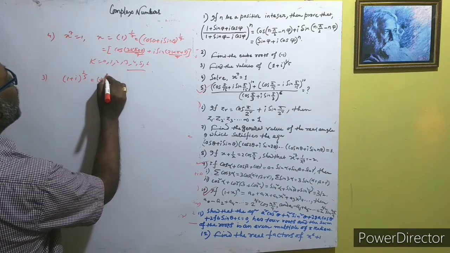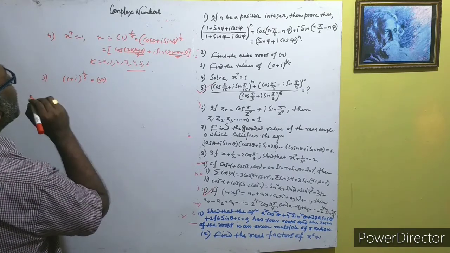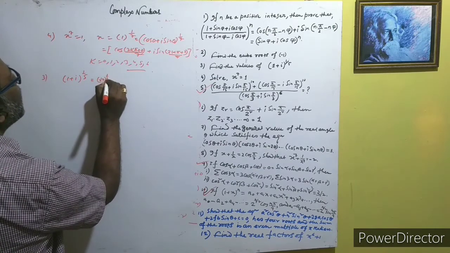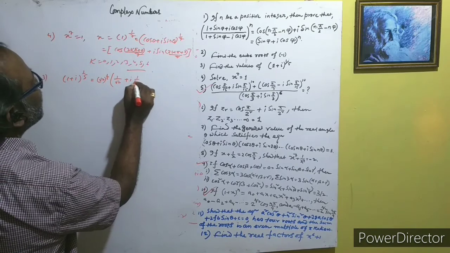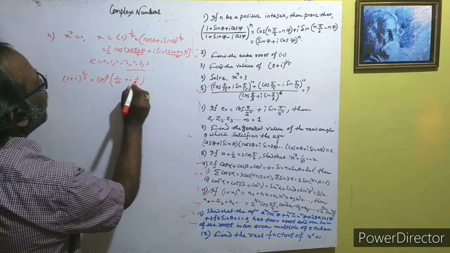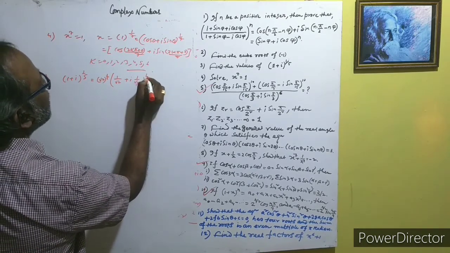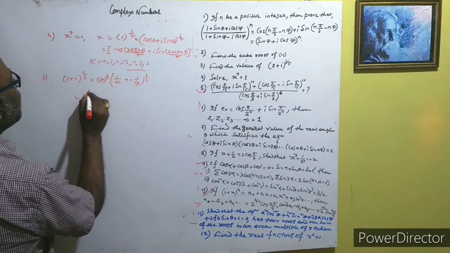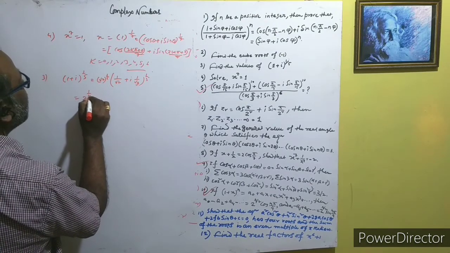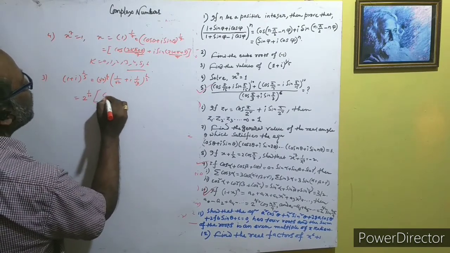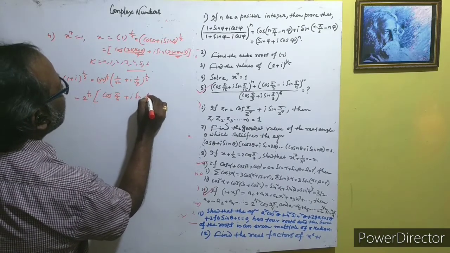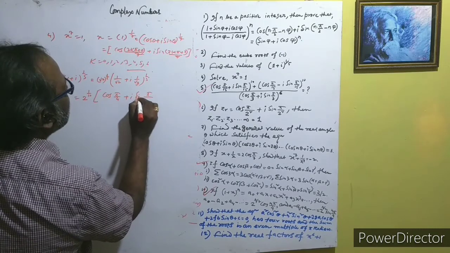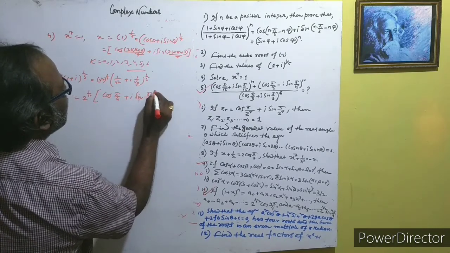This is 2 to the power 1/10, and now 1/root 2 plus i into 1/root 2 is cos 45, that is pi/4, plus i sin pi/4.